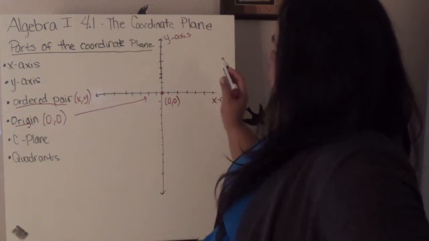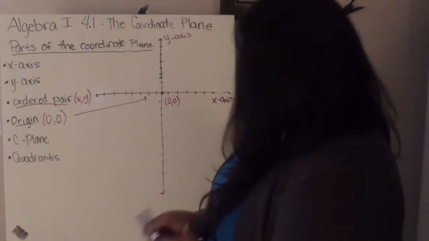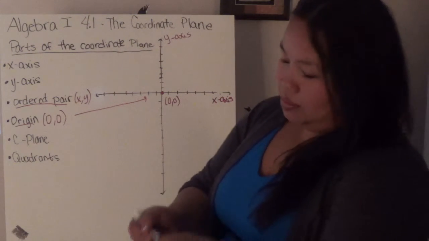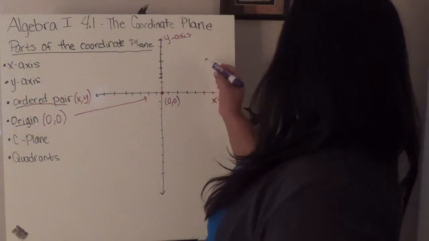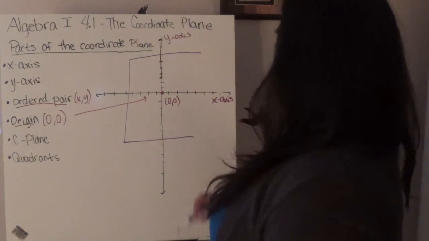Okay. This is called the C-plane, coordinate plane, Cartesian plane. And if you think of the term C-plane, it's a giant C. Yes?